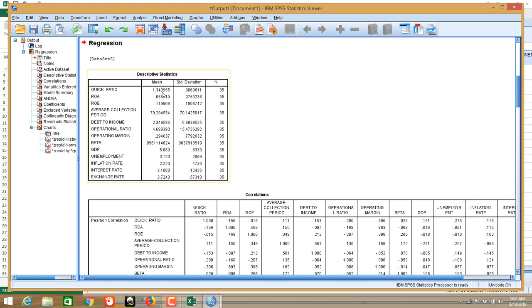Understand or not? It means every $1 of debt, you have the cash to cover it with $1.34. You know, $1.34 for every $1 liability. Get the idea now?